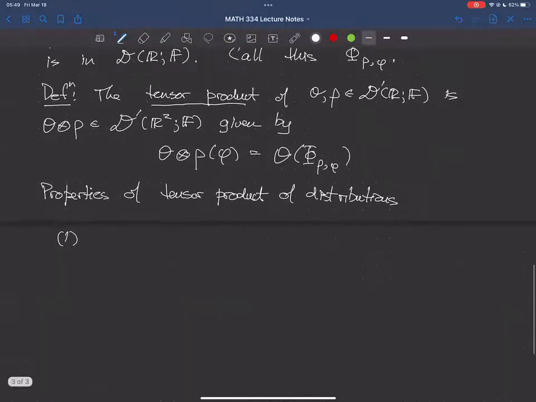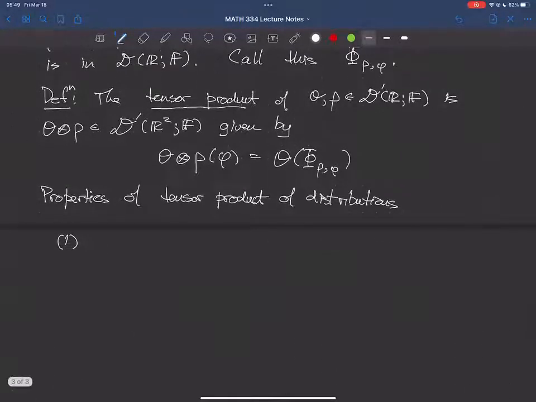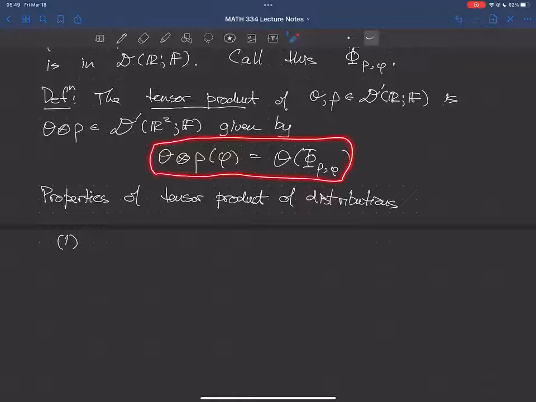While this construction makes sense in the sense that it gives you a number, a scalar, to show that this is a distribution you still have to prove continuity.